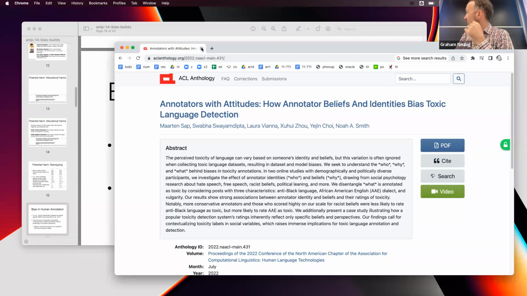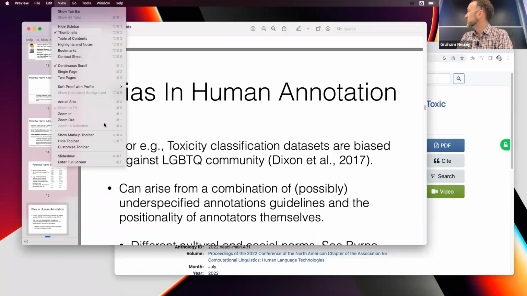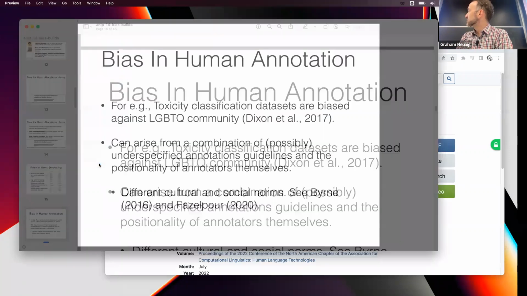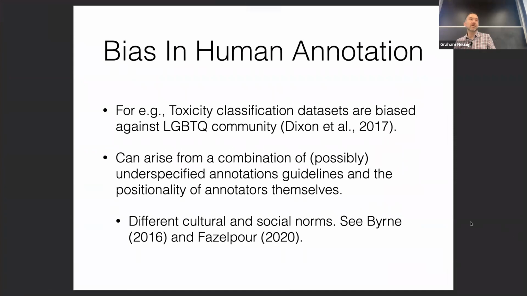They examine a number of different things like racially oriented terms and profanity, and how the demographics of the annotators cause different annotations to happen. So that's a nice paper to take a look at.